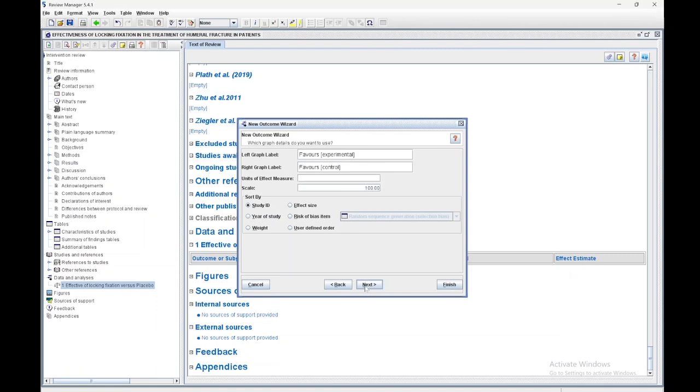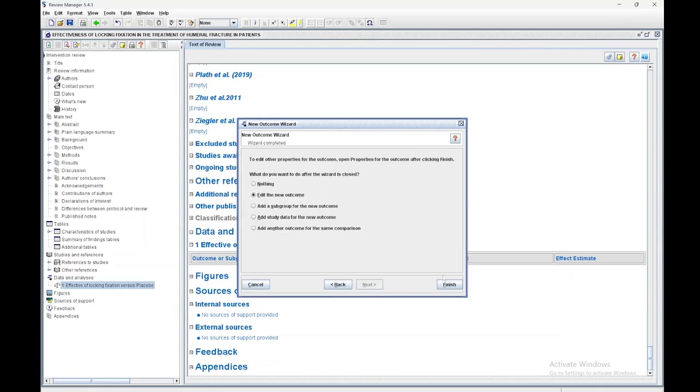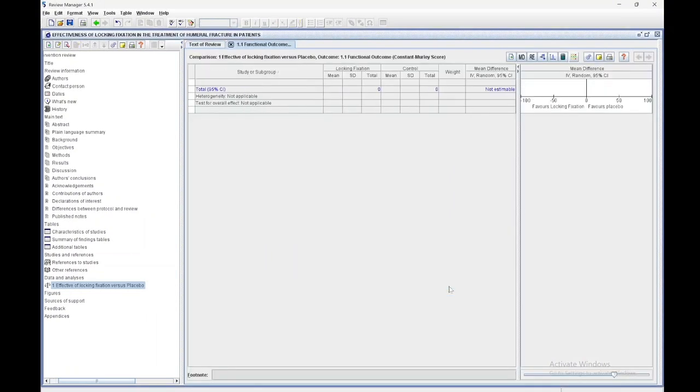Whenever you've got an intervention, it's usually best practice you keep it at the left side. So I'm going to change this to locking fixation, and then here I'm just going to call it favors placebo. I don't think I have anything to touch here. You leave the ID, everything here the same way, and you go to next. I think I can click on finish.